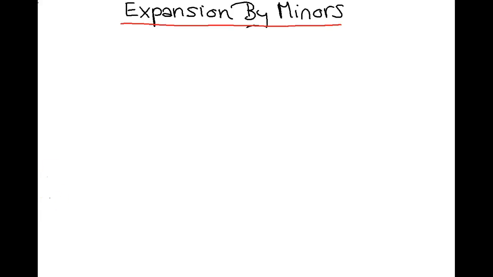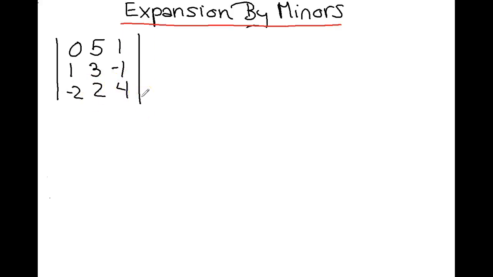Alright, so we're going to use 0, 5, 1, 1, 3, negative 1, negative 2, 2, and 4. And if you can remember, we got the result of negative 2. We should get the same result again.